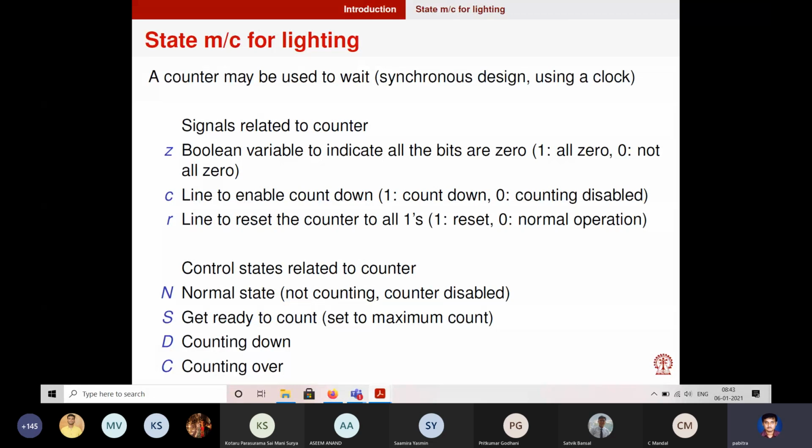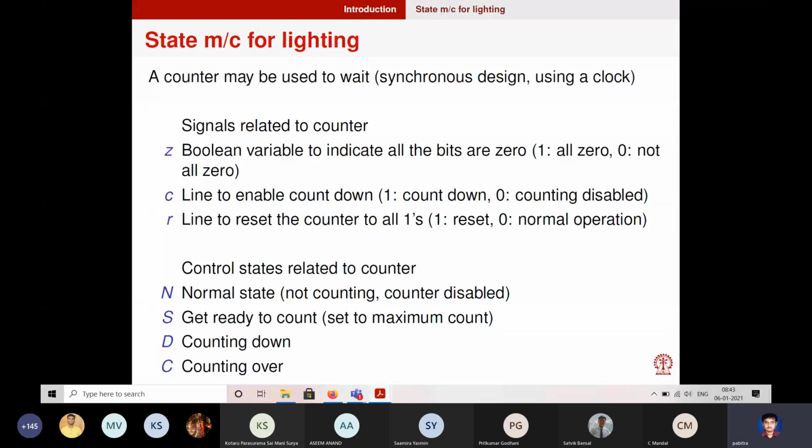It will be a number of bits, and these bits will change from 0 to 1 and so on. Let's say we have a Boolean variable z, which is 1 when all the bits are 0. That means the counter is in its initial state. It is 0 if it is not in the initial state, meaning at least one of the bits is different.